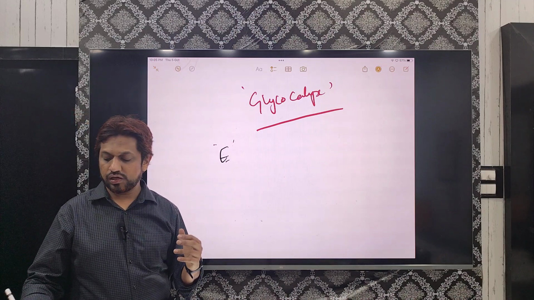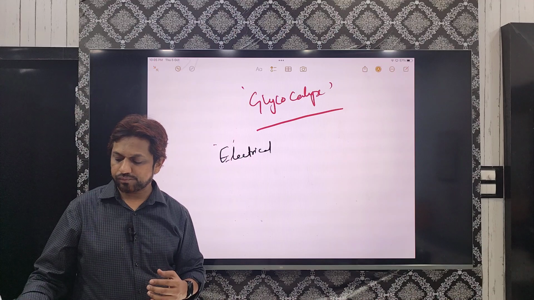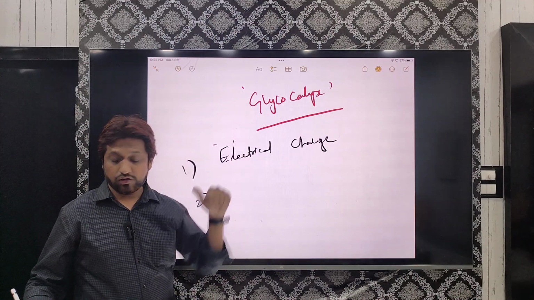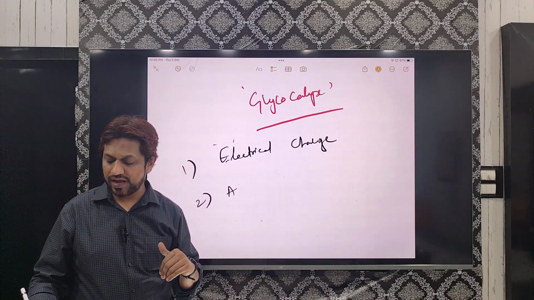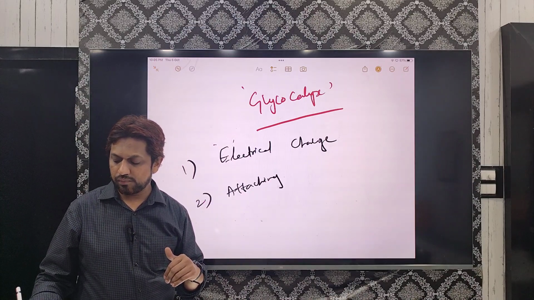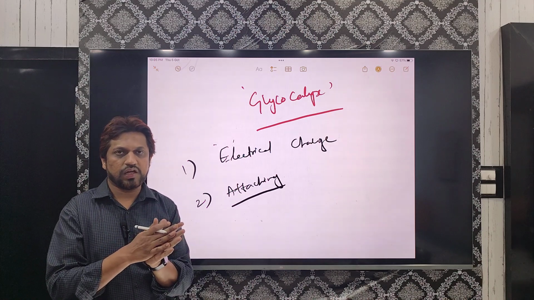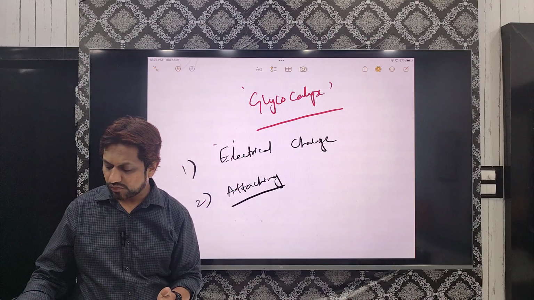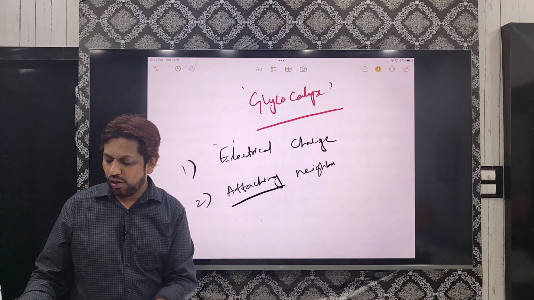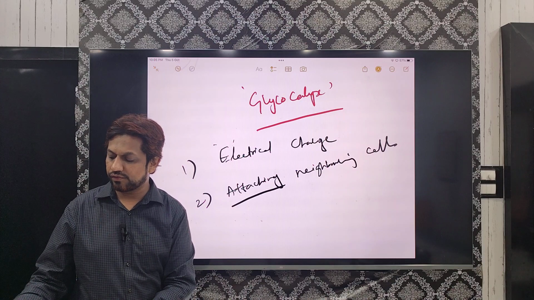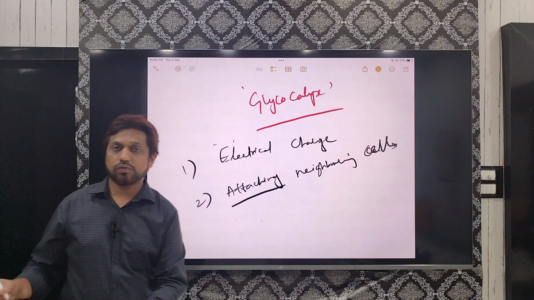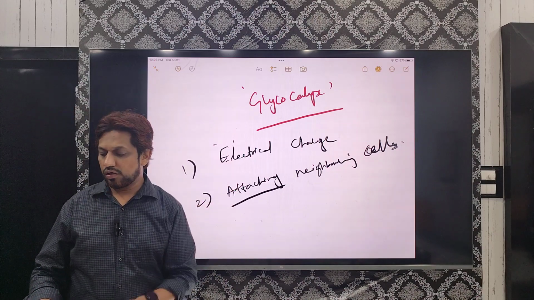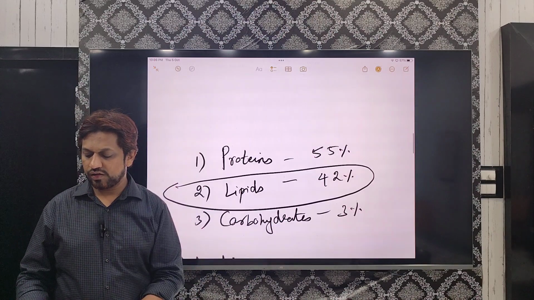Sometimes this glycocalyx will help in attaching the neighboring cell membranes, so it acts as an adhesive substance, attaching the neighboring cells. So these all are the functions of the carbohydrate moiety, proteins and the lipids.